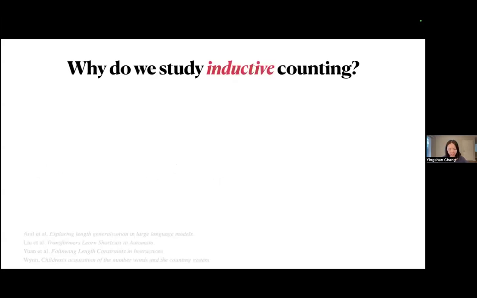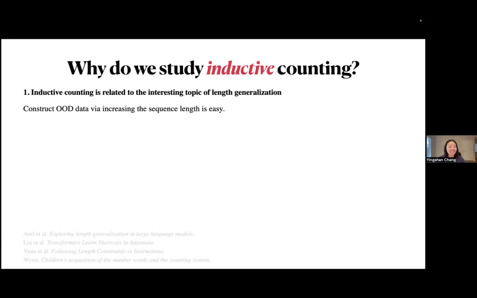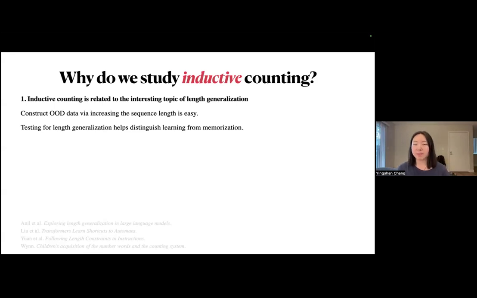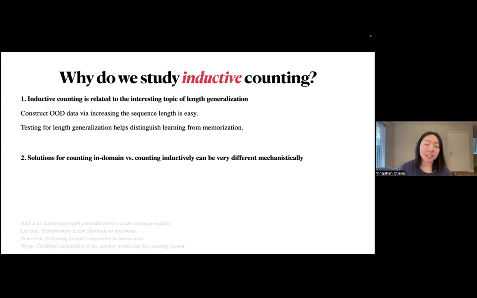Okay, having that said, let's emphasize why we study inductive counting. The first reason is that inductive counting is related to the interesting topic of length generalization. Length generalization is interesting because constructing out-of-distribution data by increasing the sequence length is relatively easy, and testing for length generalization helps distinguish learning from memorization. Another reason is that solutions for counting in domain versus counting inductively can be very different from a mechanistic view.